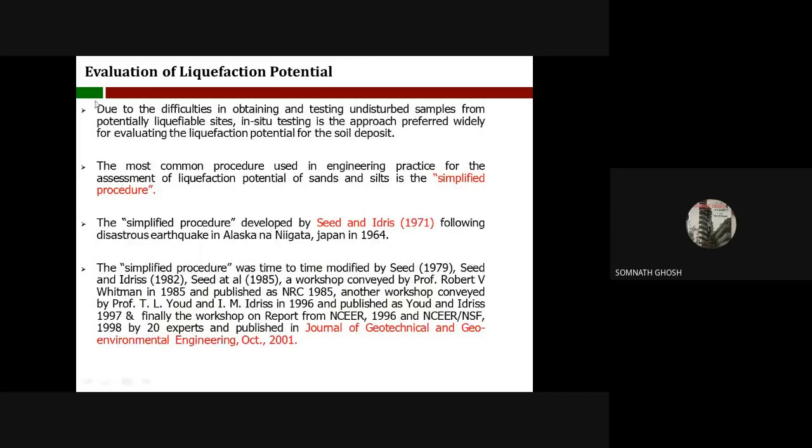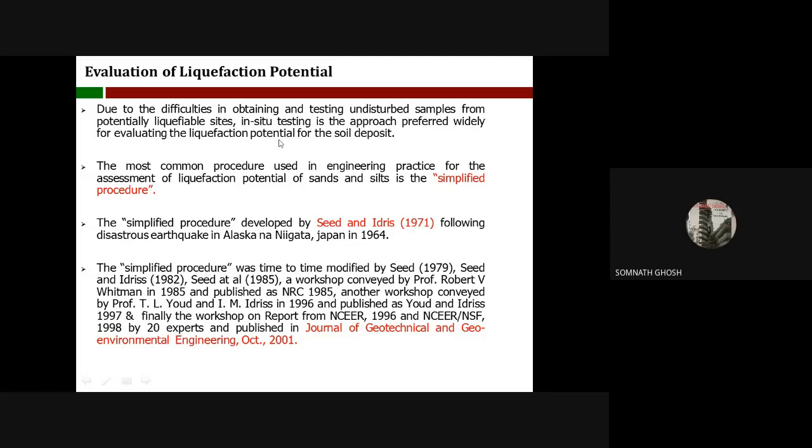Now you see, due to this, there are difficulties in obtaining undisturbed samples, because the more sand there is, the more difficult it is to get undisturbed soil. Those who have spent some time in the industry know that when we are collecting the sample, if there is sand, it is difficult to get an undisturbed sand soil sample which we can use for a triaxial test or some other test.